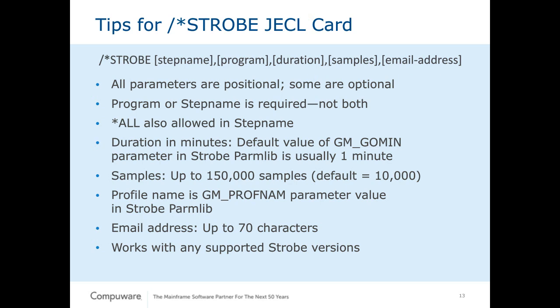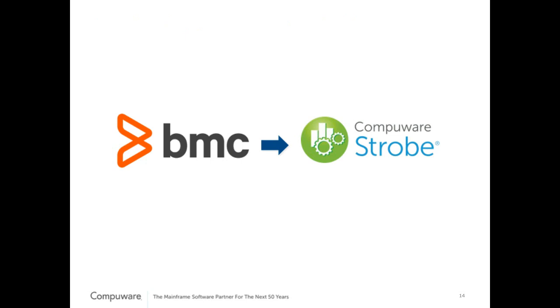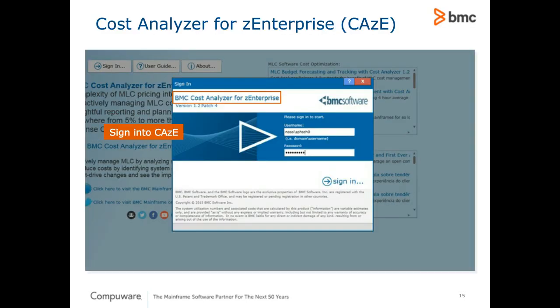So now the next couple of integrations that we want to take a look at here are our BMC integrations. Now, the first one we'll look at is the BMC's Cost Analyzer for zEnterprise. This is historical. This is using SMF data.